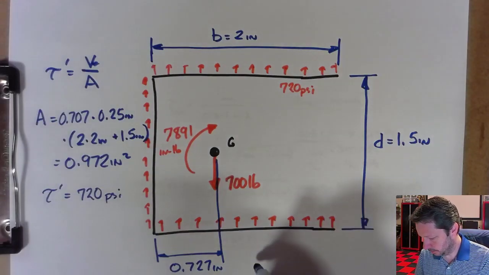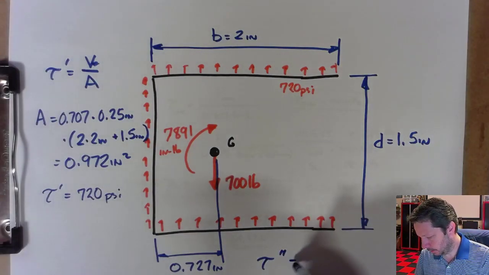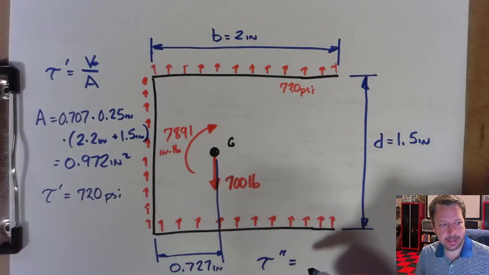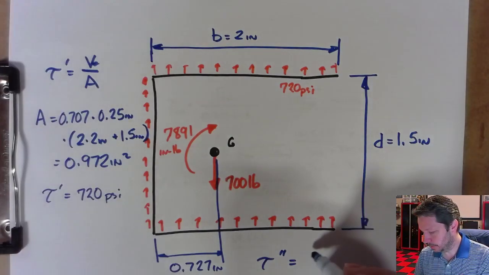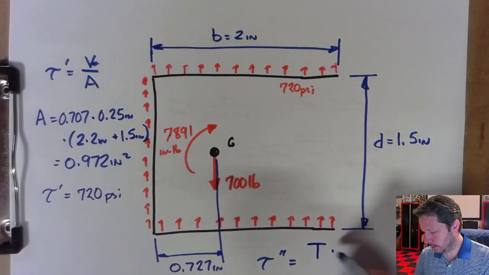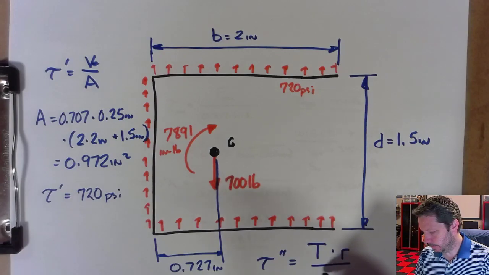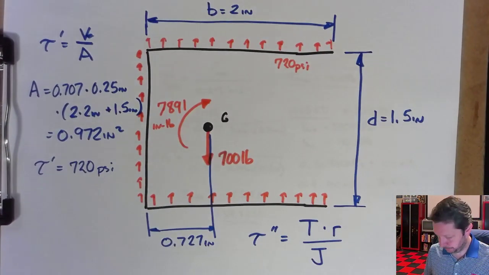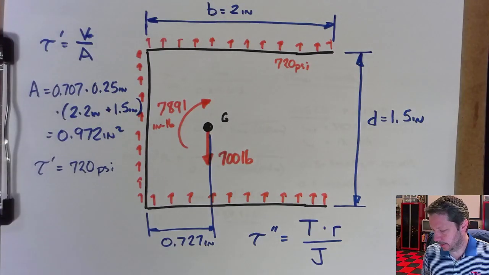Let's put it down here. In the PowerPoint, I had it as M. Sometimes you'll see it as T times R over J. There we go: T times R over J.